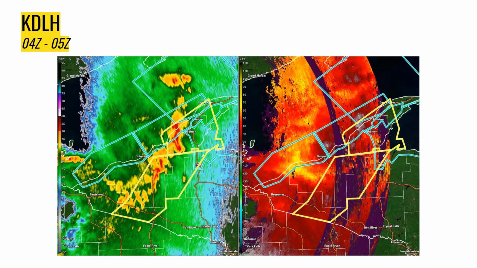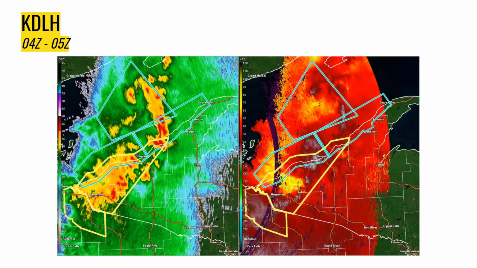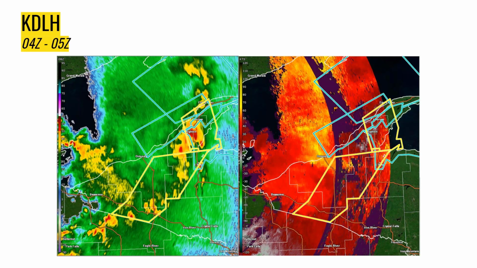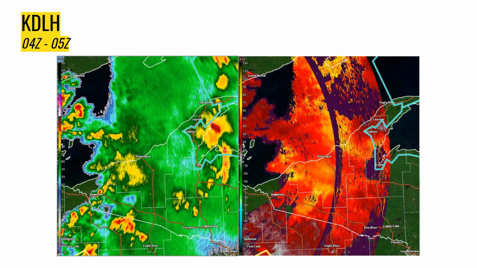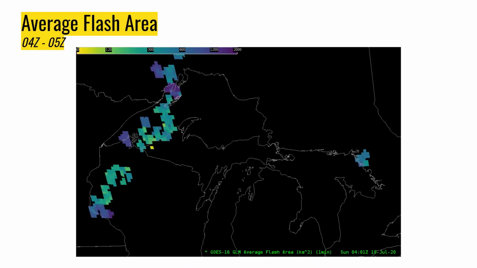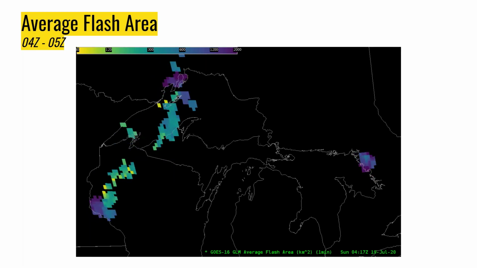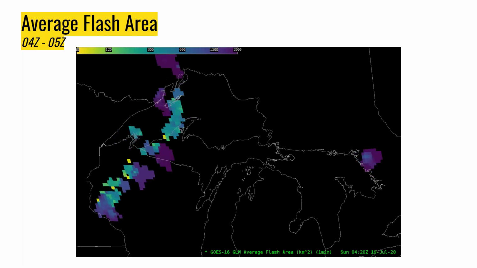But the gist of it here is, it's a little bit of a higher end event for our area here. So as this convective complex was coming on shore here off of Lake Superior, it was hitting with 60, 70 plus mile per hour winds. And then it kind of died off as it continued its eastward trek. So just quickly wanted to go through here. It's pretty persistent in terms of the activity.